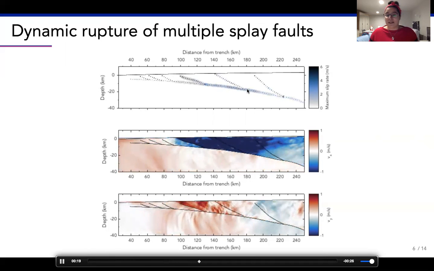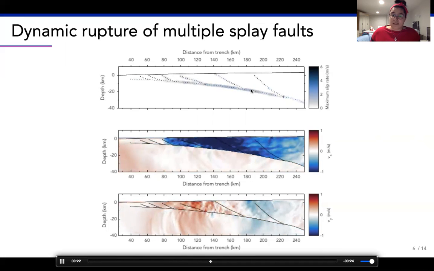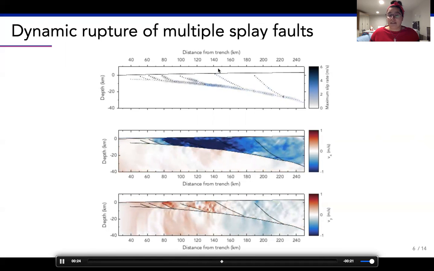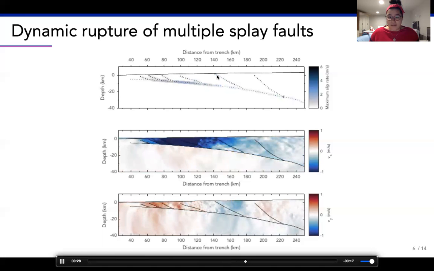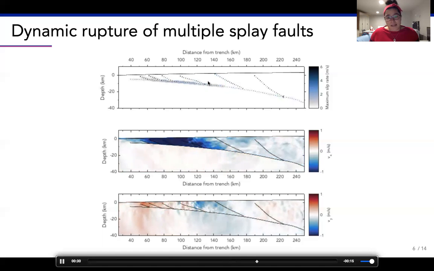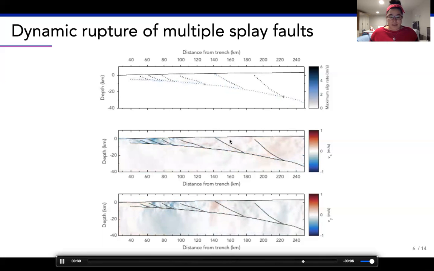It's not activated when the main rupture crosses the splay fault first, but it is activated when the reflecting waves encounter it. And a combination of those 2 factors activate these splay faults here that you can see. And a lot of the seismic energy then stays there. Okay, so all the splay faults get activated.